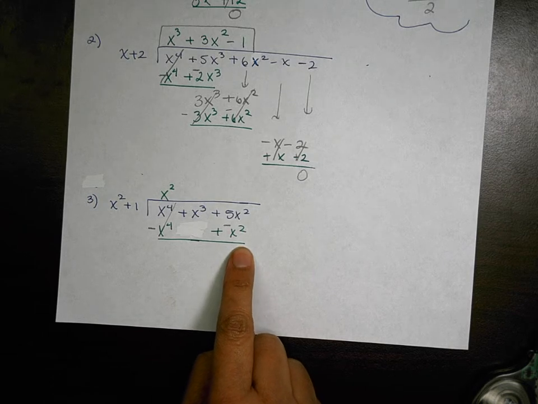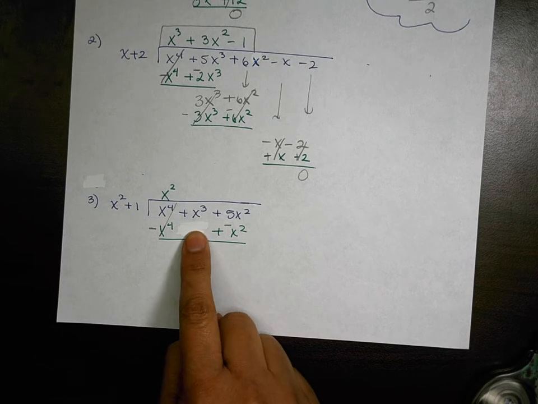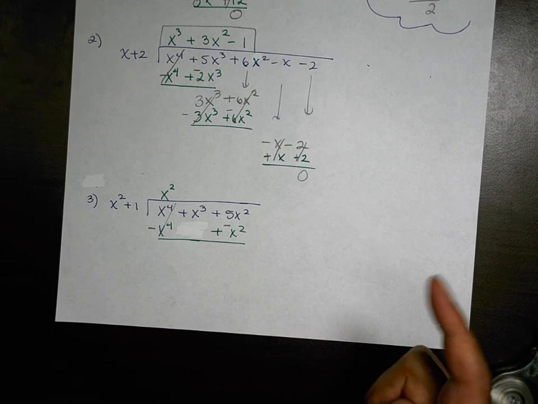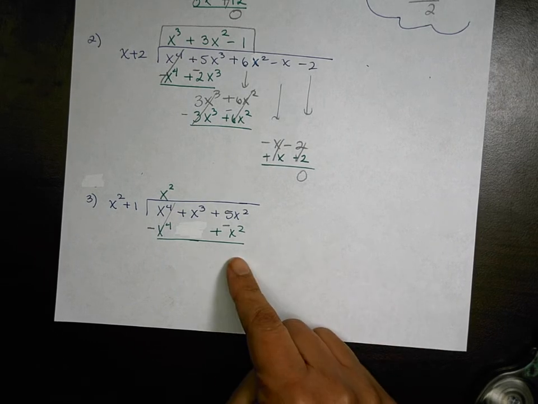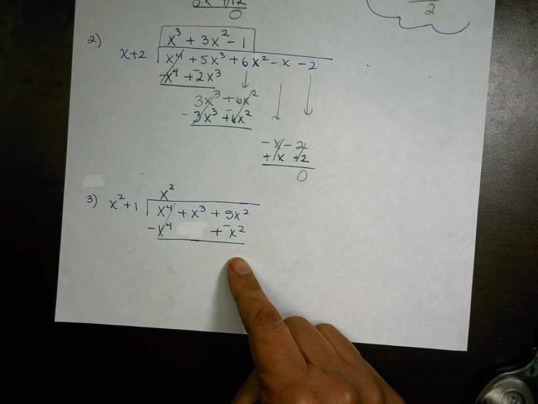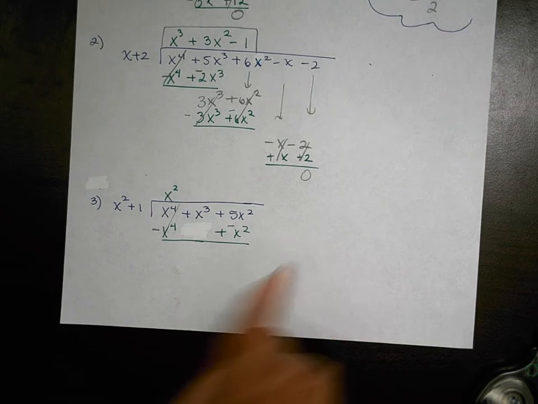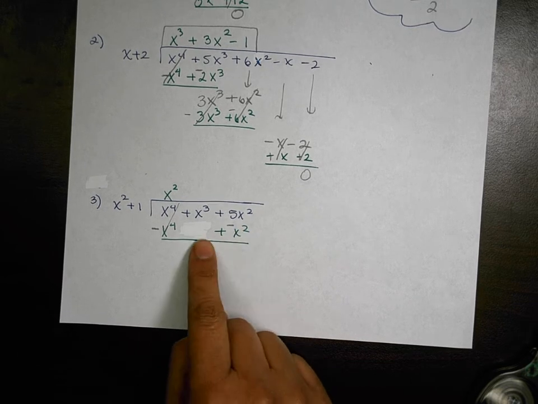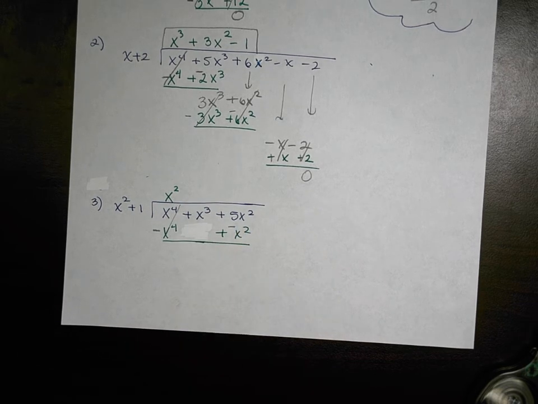Got it? But know it originally was not with its like term, and that happens sometimes. How many of you would rewrite it and put it with its like term? How many of you would leave it where it was and mentally do it? Okay, you do what works best for you.